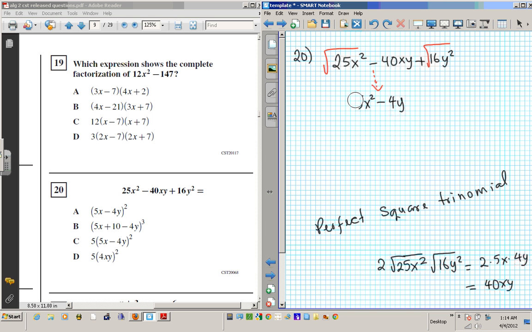Uh-oh, messed up. It's supposed to be just 5x minus 4y, quantity squared. End of story. So which of these matches with that? The answer is A. So your final answer is A. You can use this factoring trick only for perfect square trinomials. Just read the first and the last, bring down the middle sign, and there you have it.